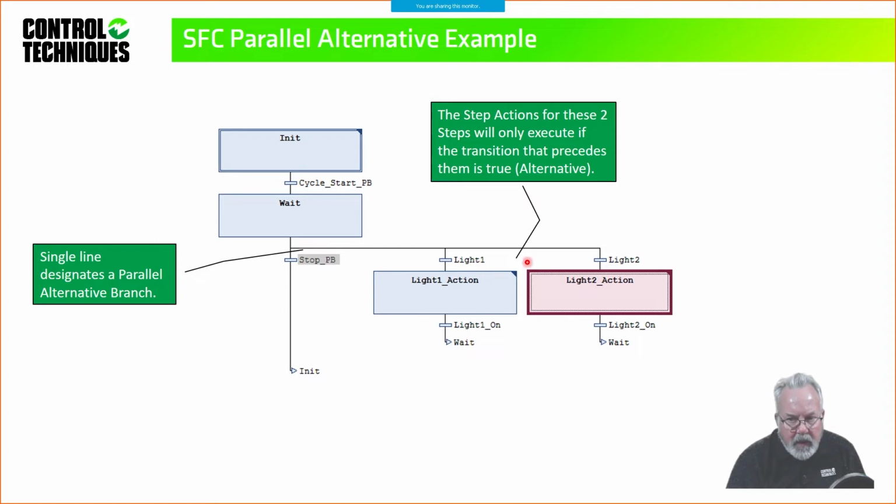So you can use that as a means of selecting, kind of like a recipe almost. That's where I see the power in these things. You have different functions that occur and are called out by whatever transition is true. So that's a parallel alternative example.